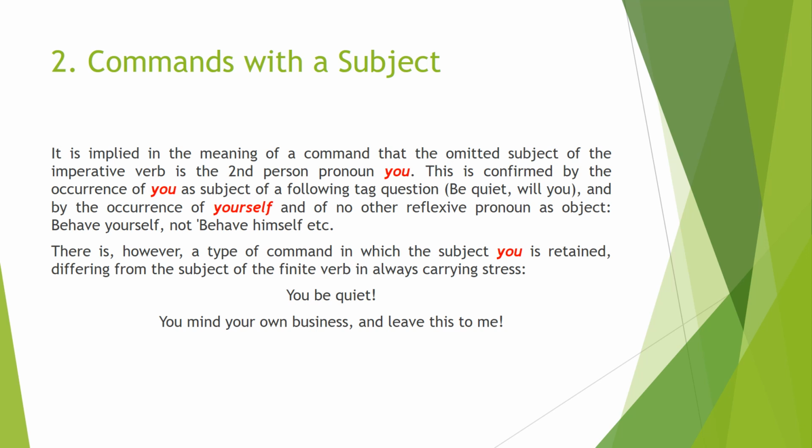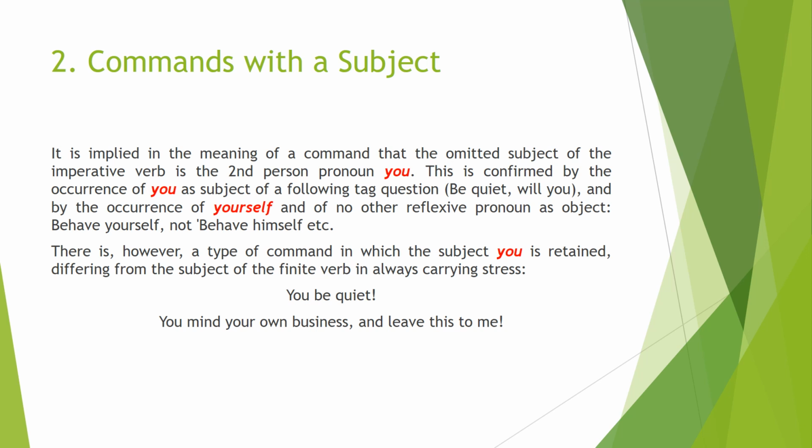Another proof is if I want to use an object as a reflexive pronoun. Again we talked about the concord between the subject and the object, especially when the object is a reflexive pronoun. We said the reflexive pronoun should always refer back to the subject. So for example, when I say behave yourself, this verb needs to be followed by a reflexive pronoun.